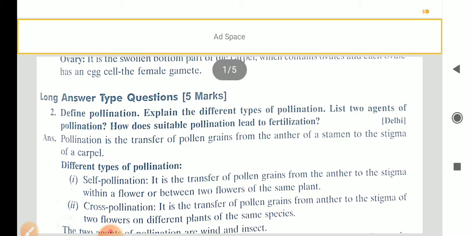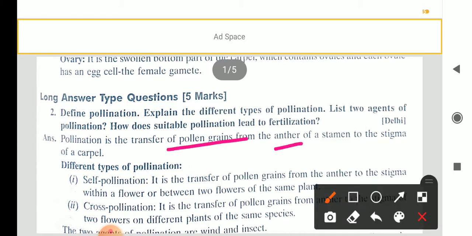Then define pollination. We all know pollination is the transfer of the pollen grain from the anther of the stamen to the stigma of the carpel, right? And the different types of pollination are self pollination and cross pollination. This may be a 2 marks question, self pollination or cross pollination, यहाँ पे 2 marks हो सकते हैं.